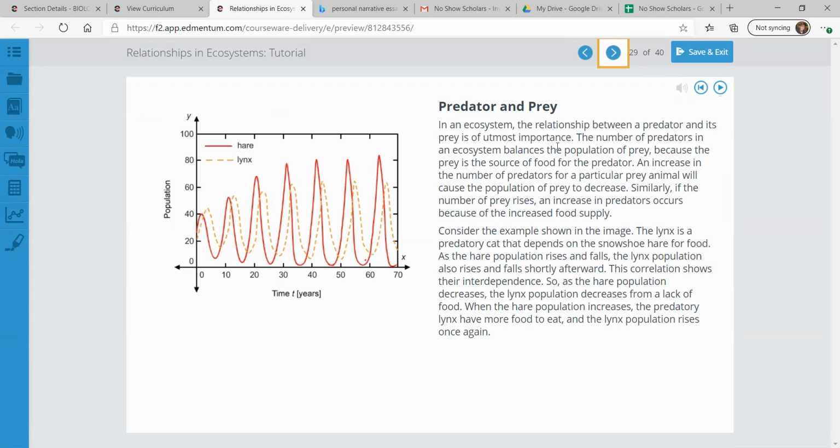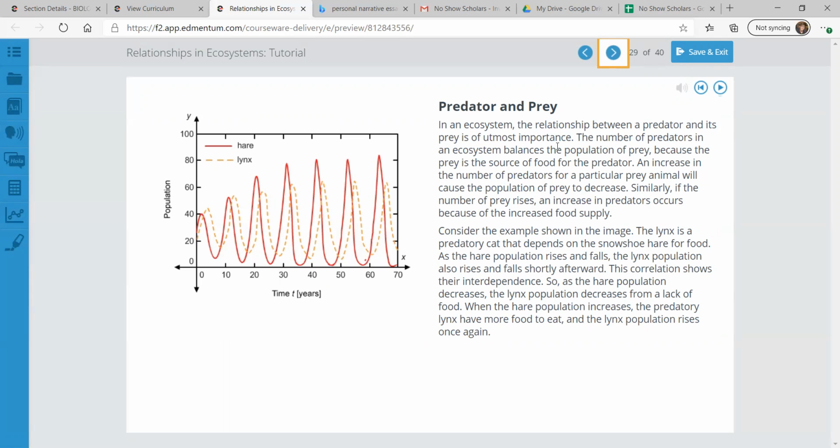In an ecosystem, the relationship between a predator and its prey is of utmost importance. The number of predators in an ecosystem balances the population of prey because the prey is the source of food for the predator. An increase in the number of predators for a certain prey animal will cause the prey population to decrease.